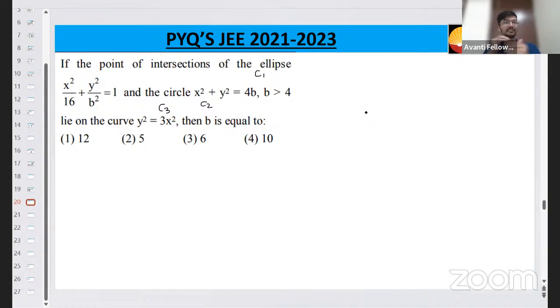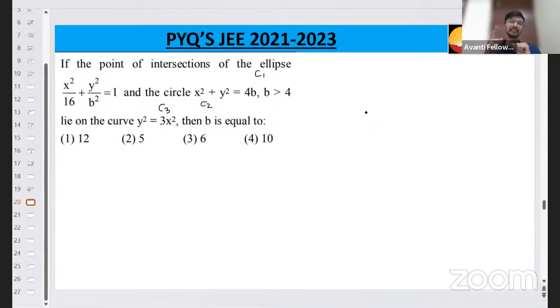In another way, I can say that there is a common point of intersection of C1, C2 and C3. Please hear me very carefully. Point of intersection of C1 and C2 lies on C3. What does that mean?